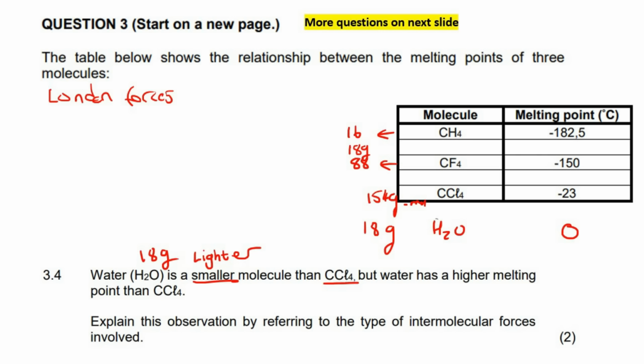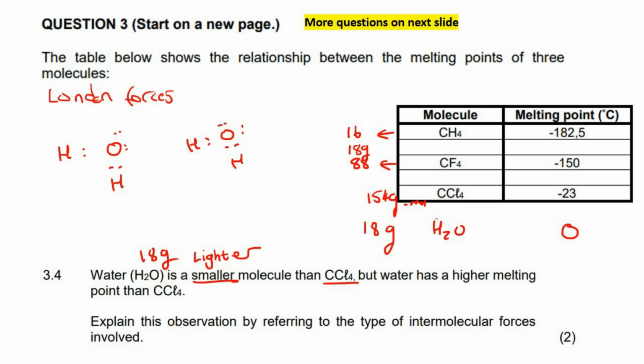But water is not only London forces. We need to remember that water is a polar molecule. So it has got London forces. All molecules have London forces. I wonder if you knew that. Because there's always going to be electrons that are moving around. But water also has, because it's a polar molecule, stronger intermolecular forces.